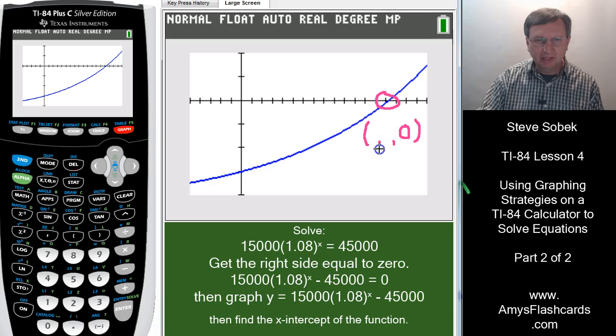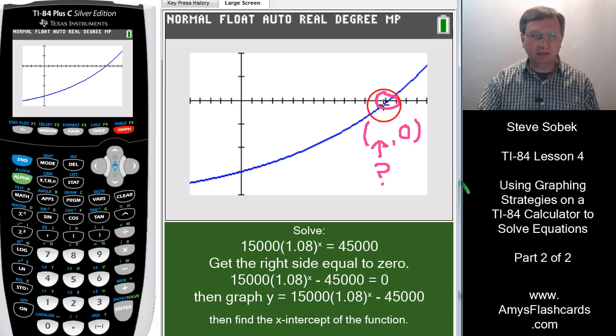Okay, but we desire to find, that's a question mark, what is the x-coordinate of that point? That is the 0 of the function, that's the x-intercept, and that is the solution to our equation. Remember, the main idea was the zeros of this function are the solutions to the original equation. Now this equation will only have one solution.